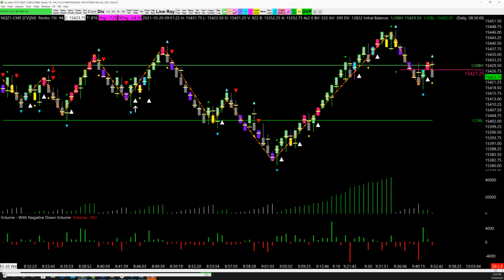So in your mind, you have to be ready that, hey, if I get that setup and I take that long and then I get a no demand and then I get that yellow dot underneath it, my stop is no longer 12 points back here, right? So the original stop, if I took that long, would be 27 and a quarter down to 15, right? 12 points.